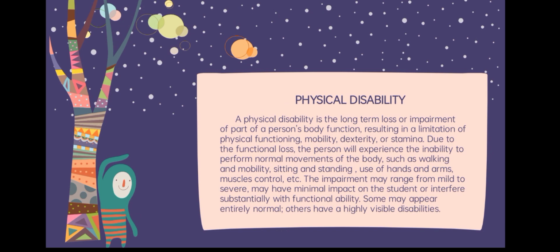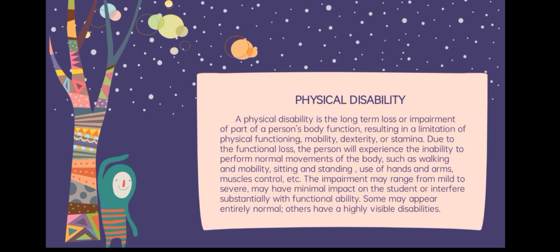So, what is physical disability? From the word itself, it is a long-term loss or impairment of parts of a person's body function, resulting in limitations of physical functioning, mobility, dexterity, or stamina.